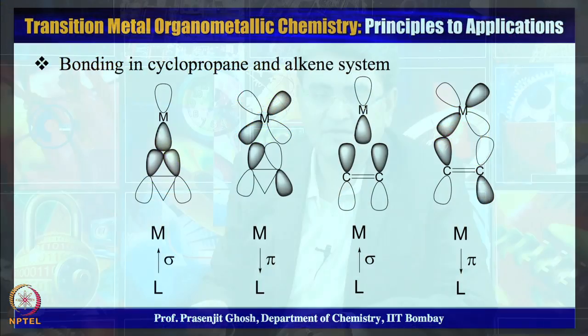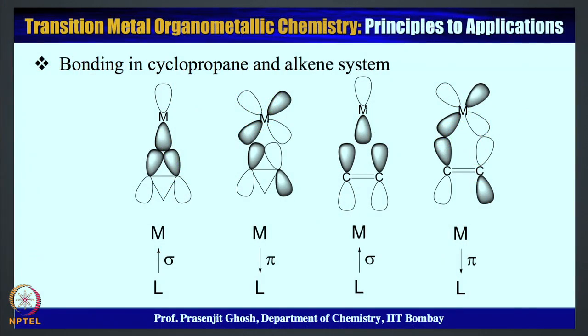We have also looked into the mode of action of various C-C as well as C-H and H-H bond activation reactions. What we have done in the previous lecture is also we have drawn a parallel between a cyclopropane ring and an alkene, for the C-C bond activation in a cyclopropane ring as opposed to a C-C bond activation in an alkene, where it has a double bond.